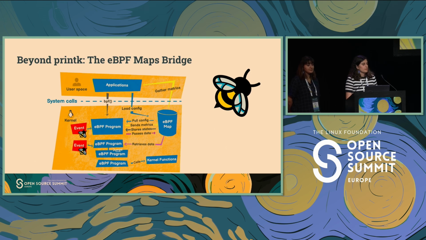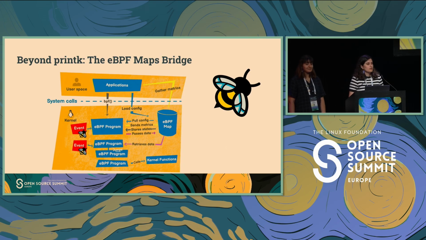Let's take a look at the picture that we have here. We have some eBPF programs. They are triggered by some events. They can send metrics and store some data to the eBPF map that we have. And this is the key to efficiency. Instead of sending a message for every single event, we can aggregate the data all in the kernel.